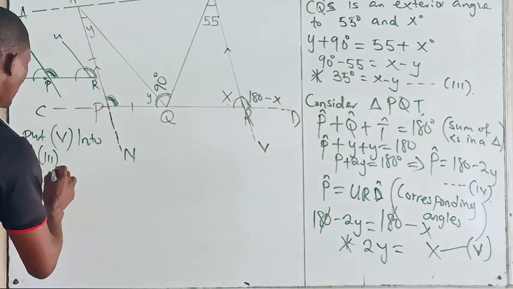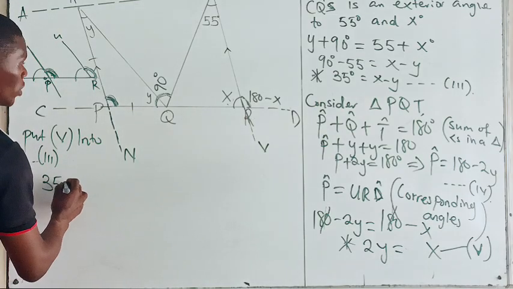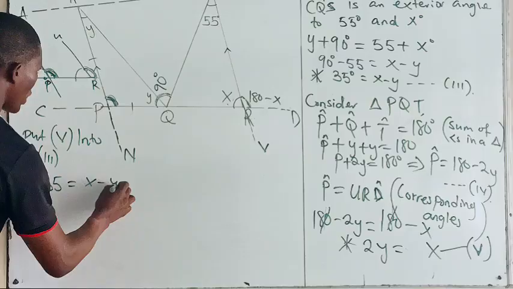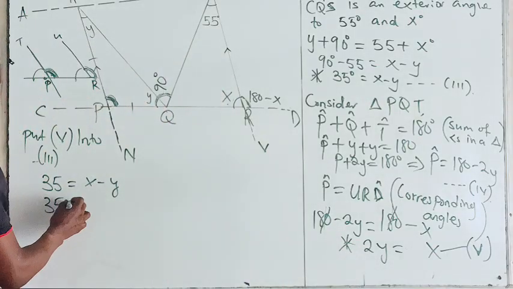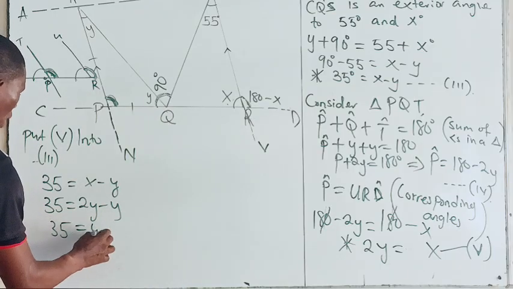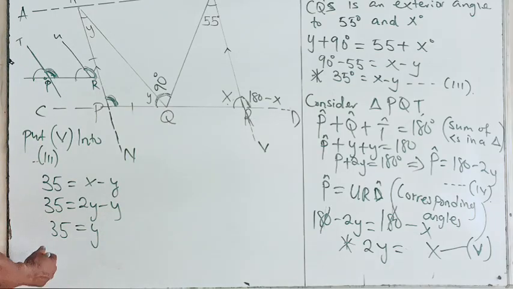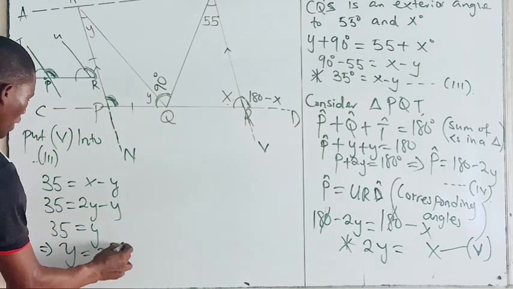And what is 3? 3 is 35 equals x minus y. So x is 2y, that means 35 equals 2y minus y. That means 35 equals y, since 2y minus y is y. So this implies that y is equal to 35 degrees.